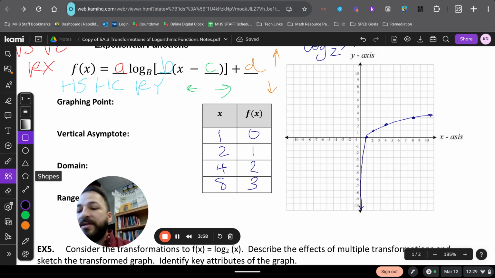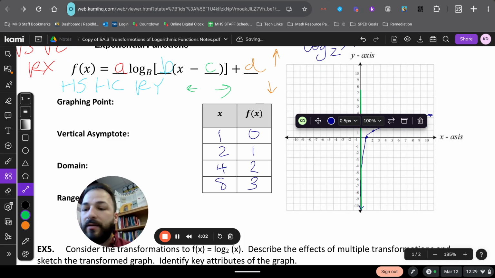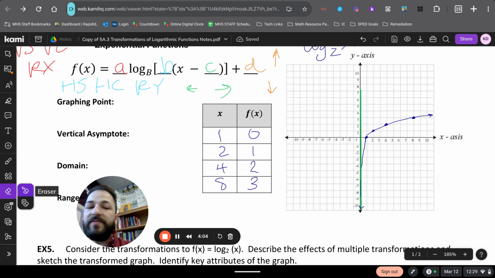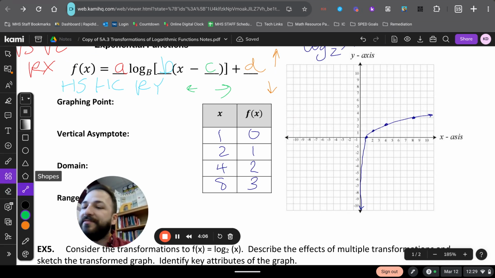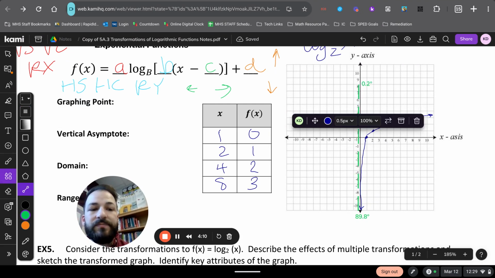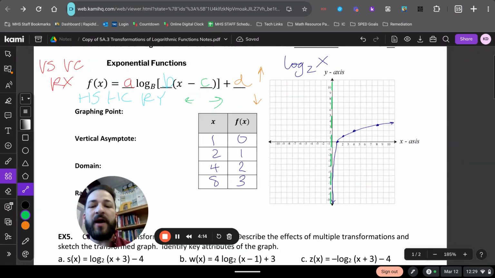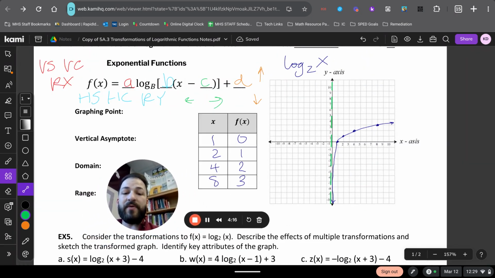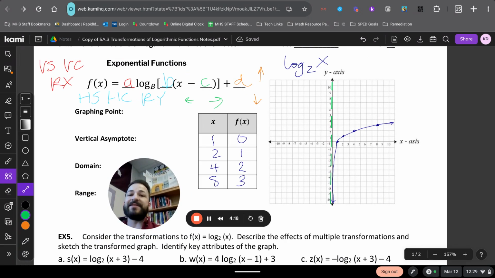And like we said, we do have a vertical asymptote right here, which of course I want to be dotted and not solid. We have a vertical asymptote at x equals 0. That kind of frames our graph. And you might remember those points because they are the same points that we get for our exponential function, but they've just been inverted. So all of our y values for our exponential are now our x's, and our x's are now our y's.